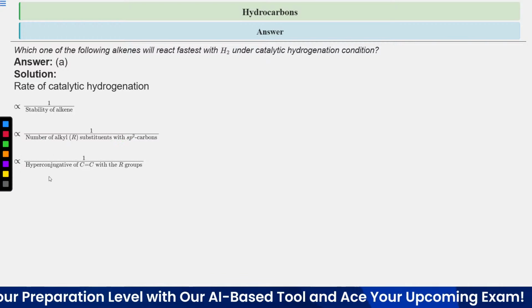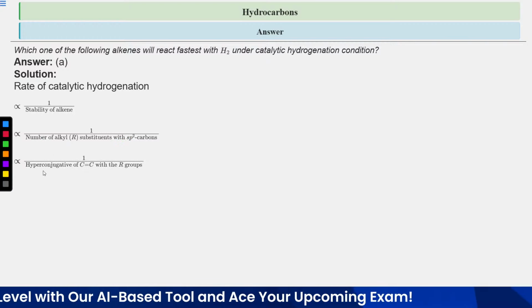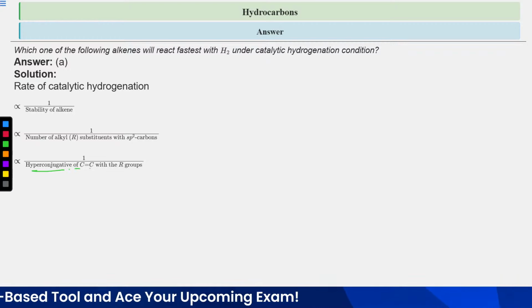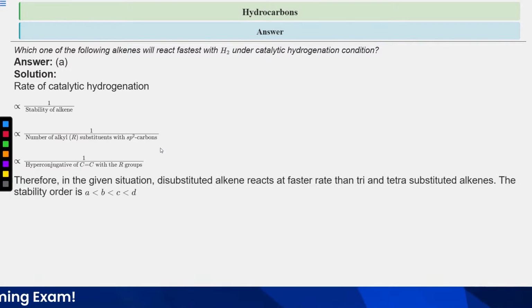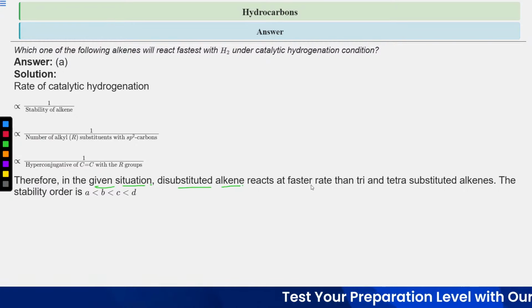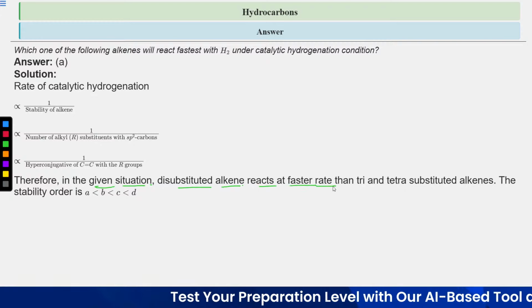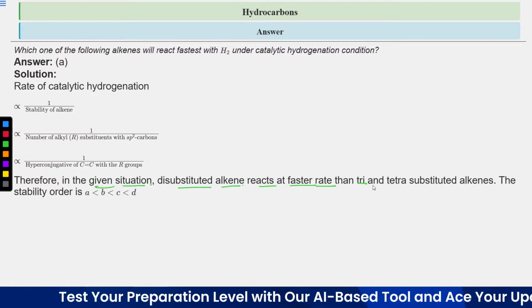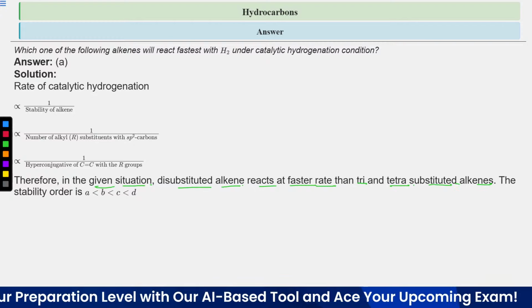And the rate is also inversely proportional to the hyperconjugation of C double bond C with the R groups. Therefore, in the given situation, a di-substituted alkene reacts at a faster rate than the tri- and tetra-substituted alkenes.